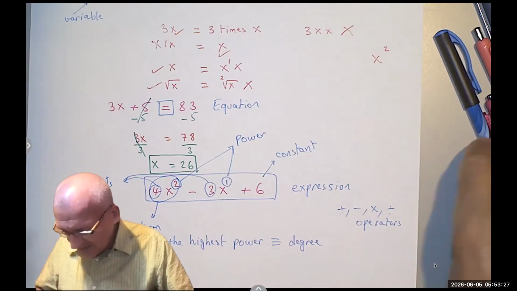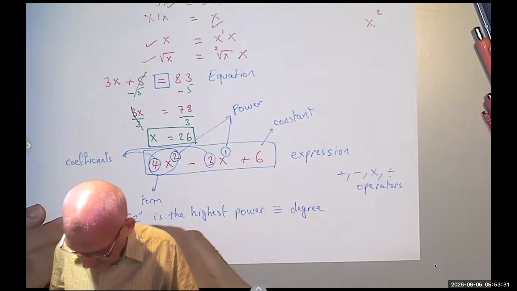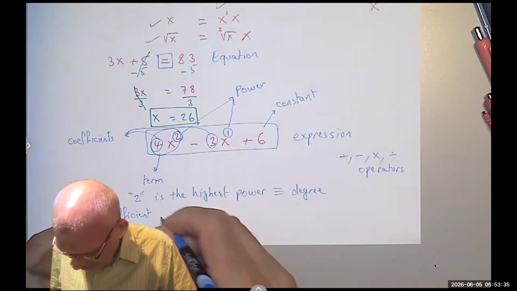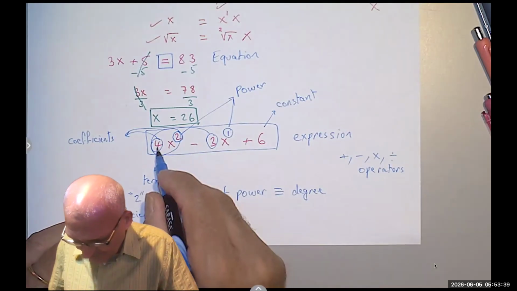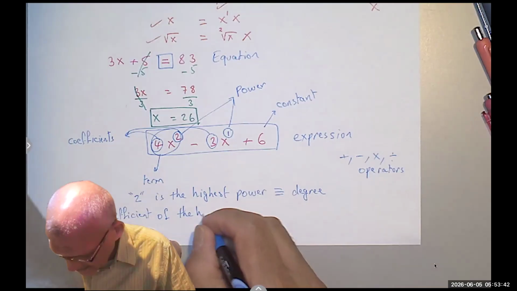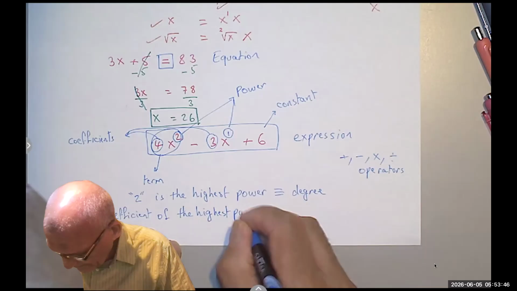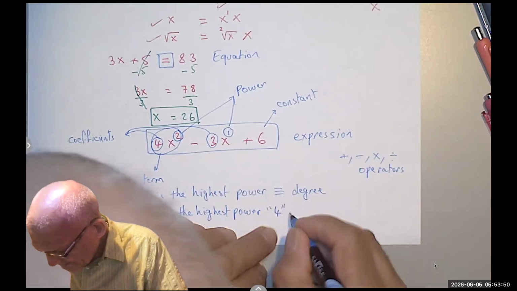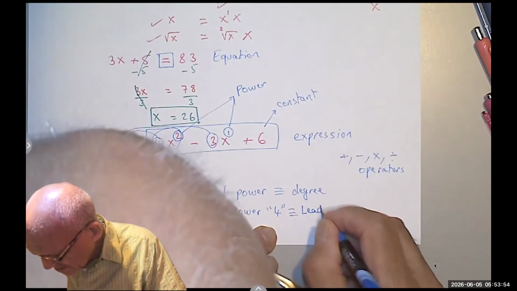Oh, and finally, maybe I will throw this in, the coefficient of the highest power, which is the 4 in this case, is called the leading coefficient.